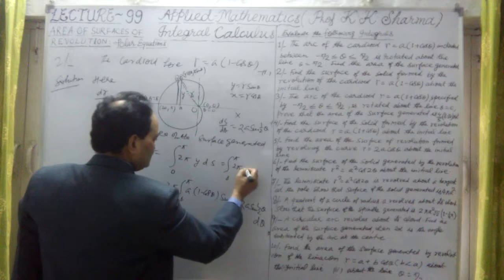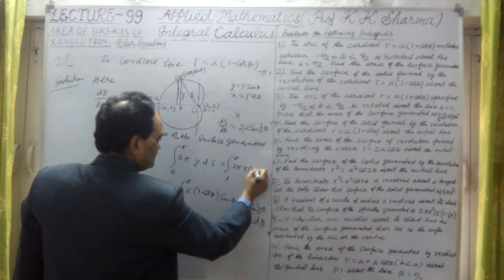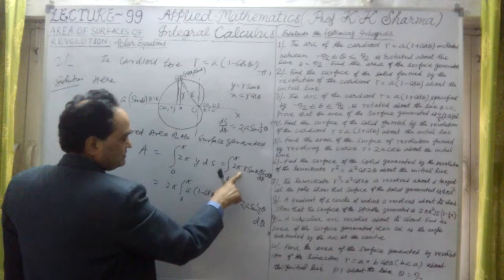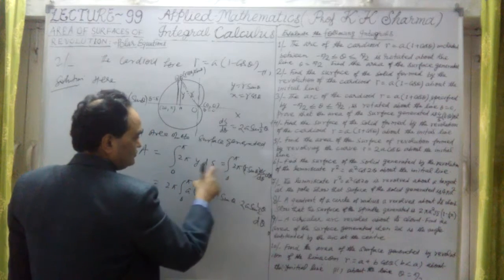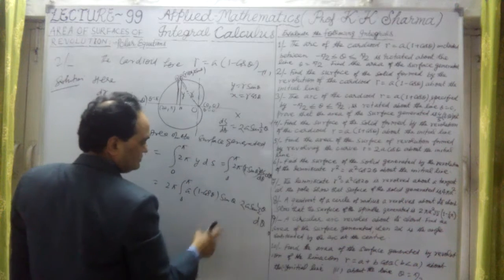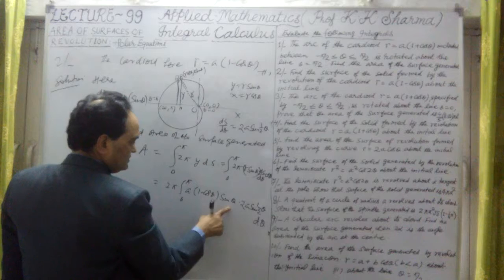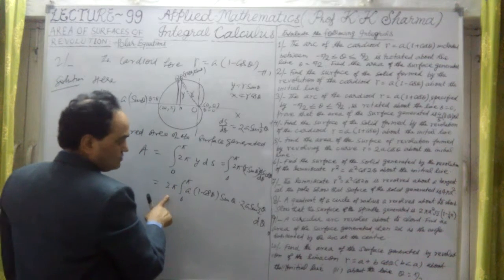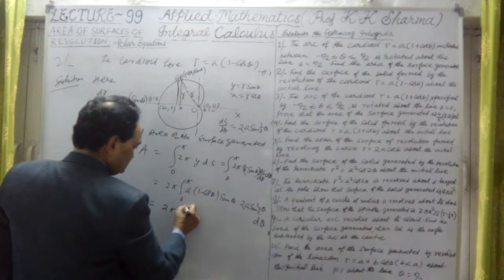So we can write twice pi into r into sin theta into ds upon d theta into d theta. We have written twice pi as it is, y is r sin theta, and ds upon d theta is twice a sin half theta. Twice pi is taken outside, 0 to pi.